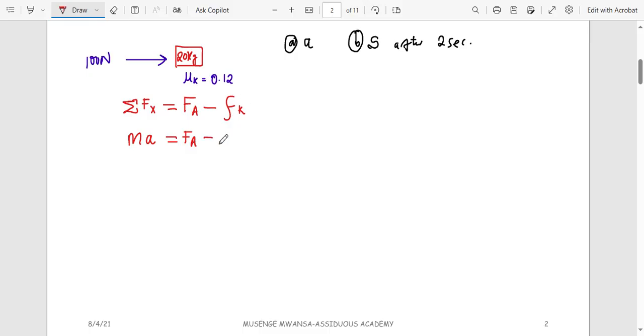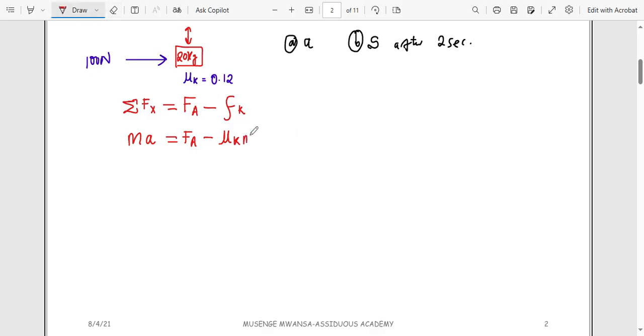Kinetic friction is given by the coefficient of kinetic friction times the normal force. For an object on level ground, the normal force, which is the upward force, is equal to the weight force, which is the downward force. And therefore, where there is normal force, I'm going to put mass times gravity.